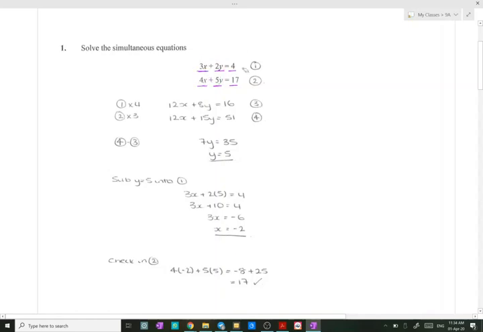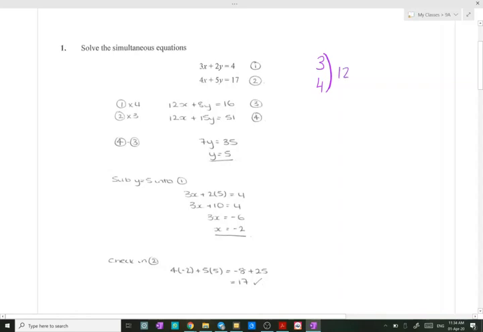In order to eliminate the x, we need to multiply one of them by the negative of the other. First I need to find the LCM for 3 and 4. The least common multiple of 3 and 4 is 12.